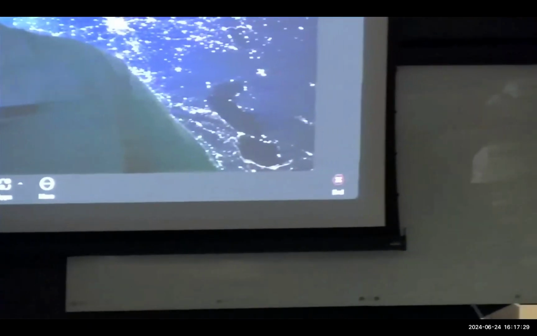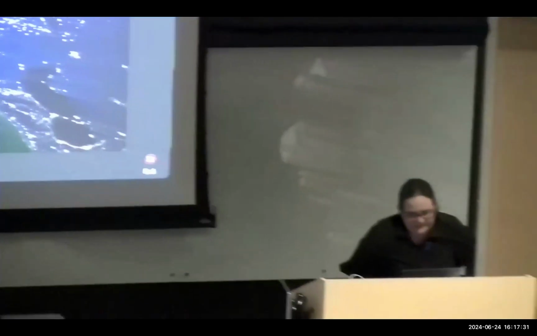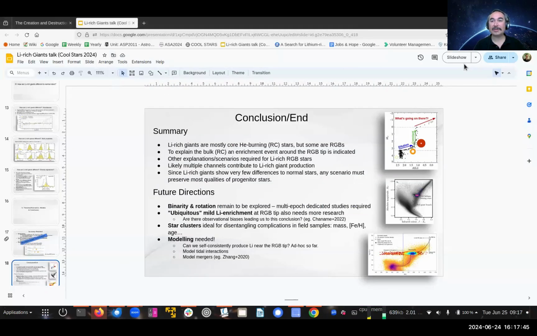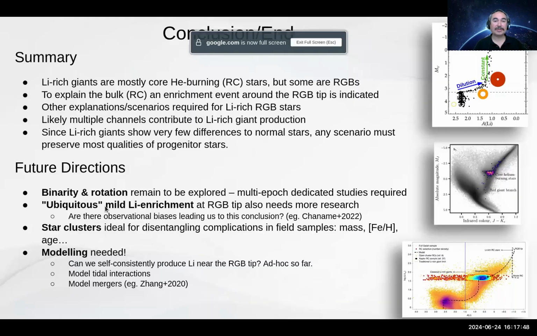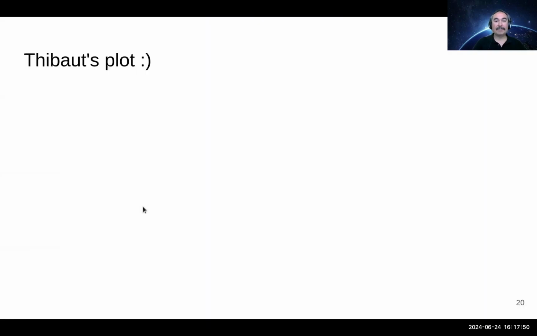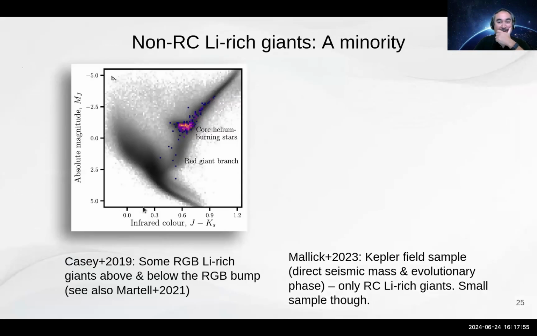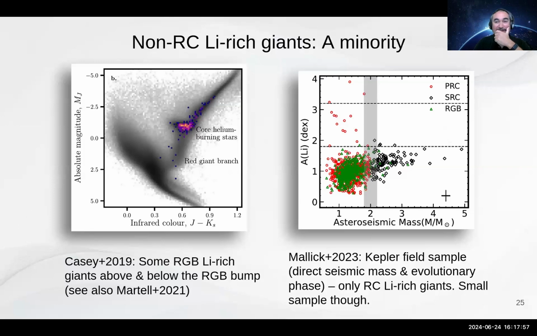The question was, how many lithium-rich giants have asteroseismology data where you can pinpoint their evolutionary states? That's a good question. I'll share my screen again. We've been focusing on this. I've got a whole lot of slides that I couldn't put in. On the right here is Malik 2023, and this is the Kepler field.